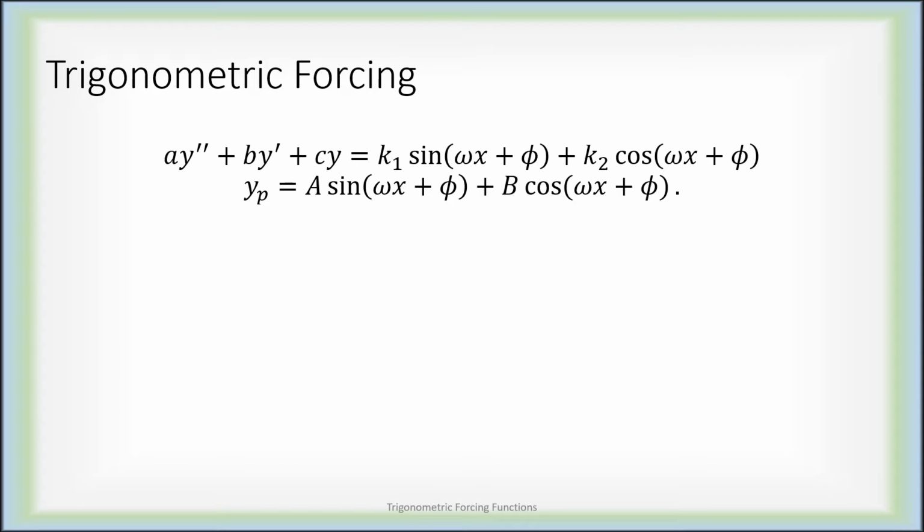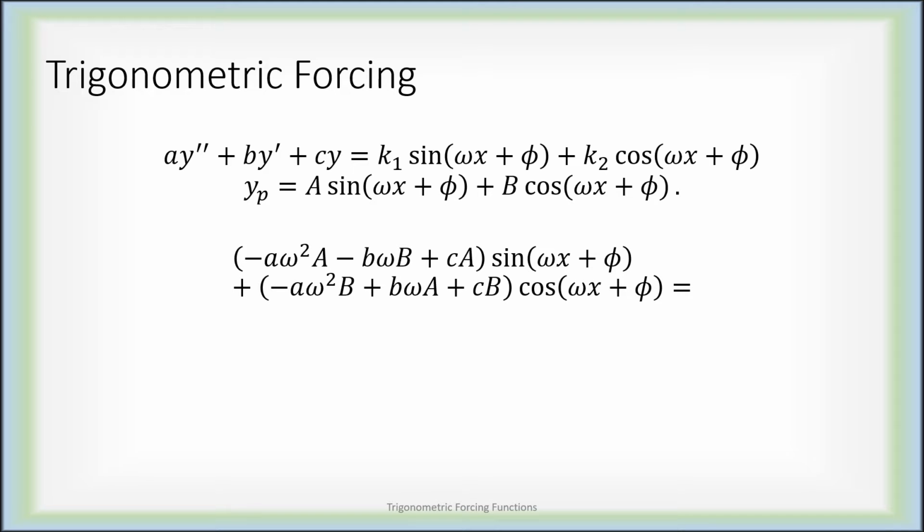So here was our differential equation, here was our proposed solution. Once we collect together all of our sines and cosines, having substituted it into the differential equation, we would end up with this right here. Therefore, we conclude that the coefficient in front of the sine on the left must equal k1, and the coefficient in front of the cosine on the left must equal k2.